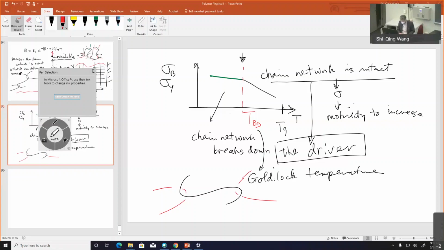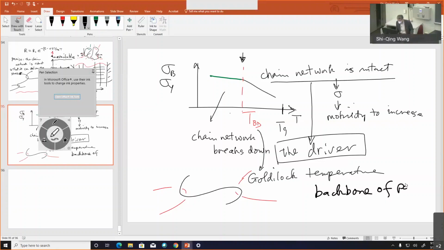Pretend, this is something that a formal lecture probably can never deliver well enough. Basically, what I'm drawing when I draw like this, I'm only drawing, I may use a word, a backbone of my polymer.